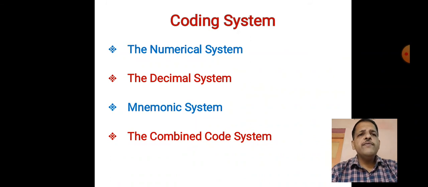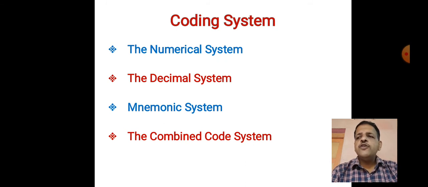First we will see the numerical system. The numerical coding system uses numbers so as to indicate the general category of expenditure as well as the specified account. It may use sequential codes, block codes, or group codes.